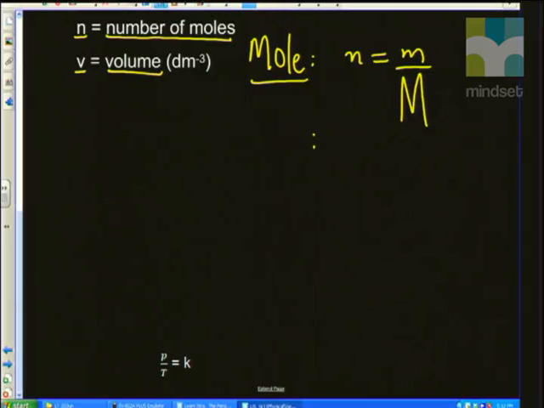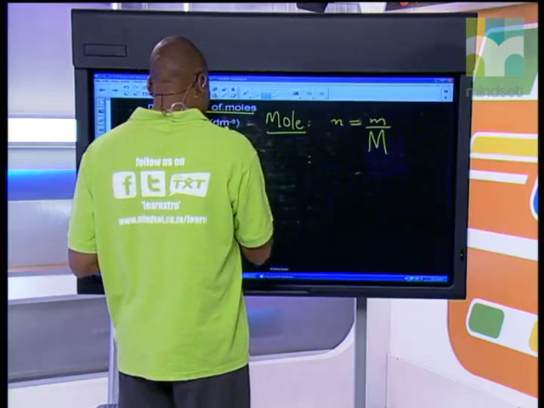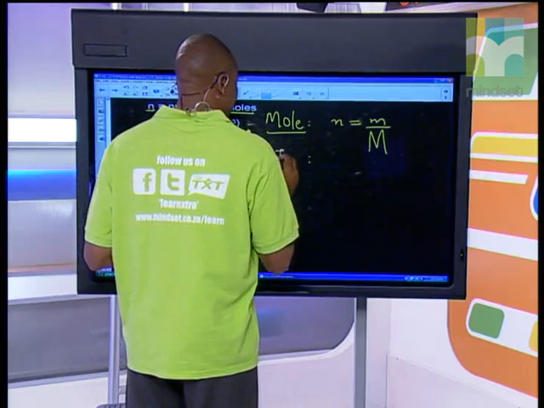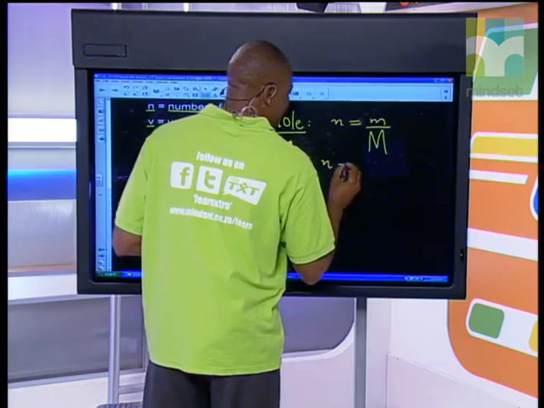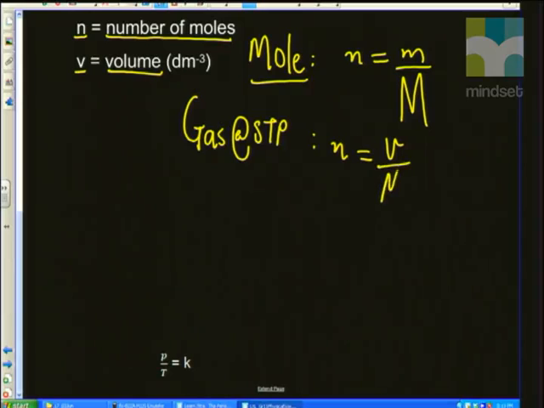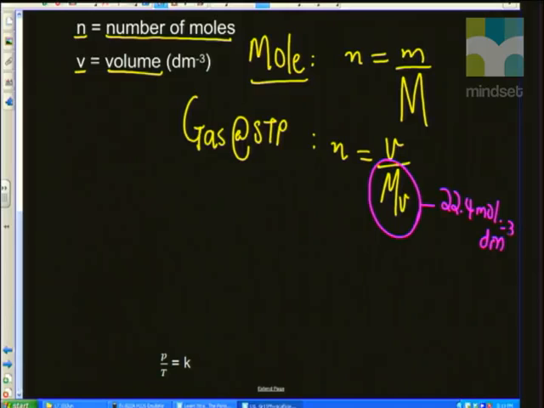But the same mole, we also saw that if I'm talking about gases at STP, the number of moles can be found by looking at the given volume divided by the molar volume, which is, of course, always, remember, 22,4 cubic decimeters per mole. So that is the molar volume.